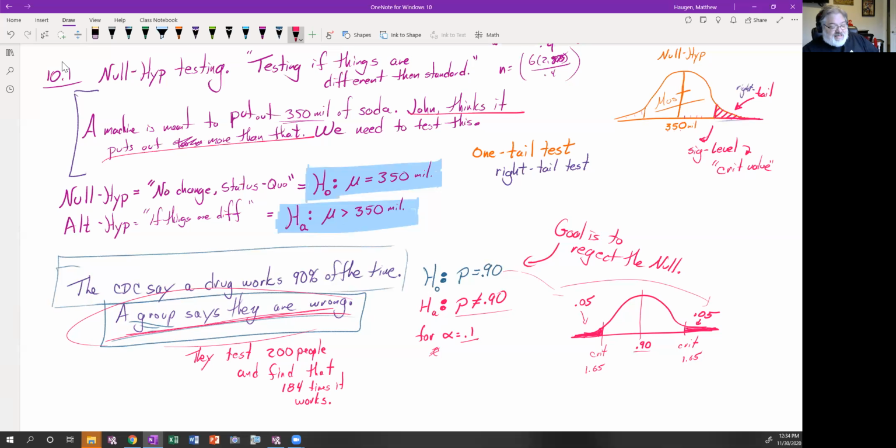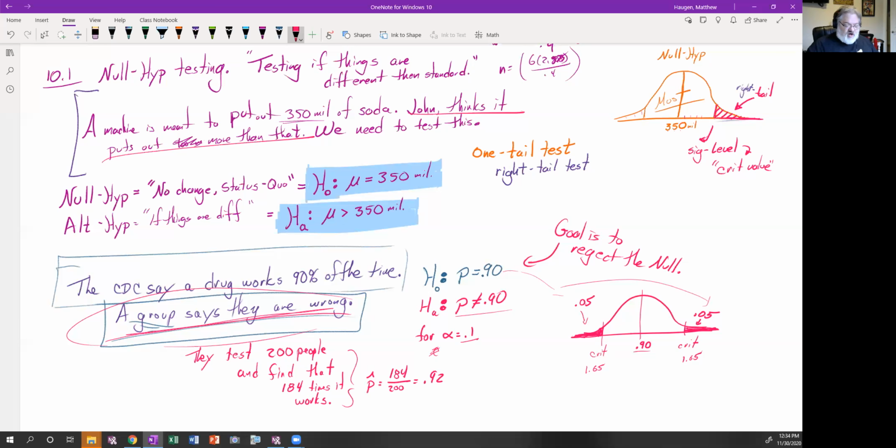And the question is, is that enough to reject the null hypothesis? Does this say that they're wrong? Well, what's their sample proportion? 184 out of 200 is what, 0.92? Well, that's 2% above.